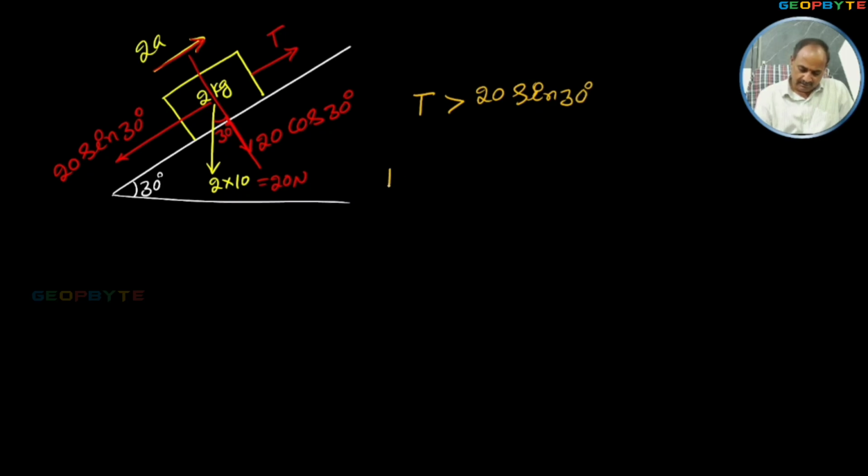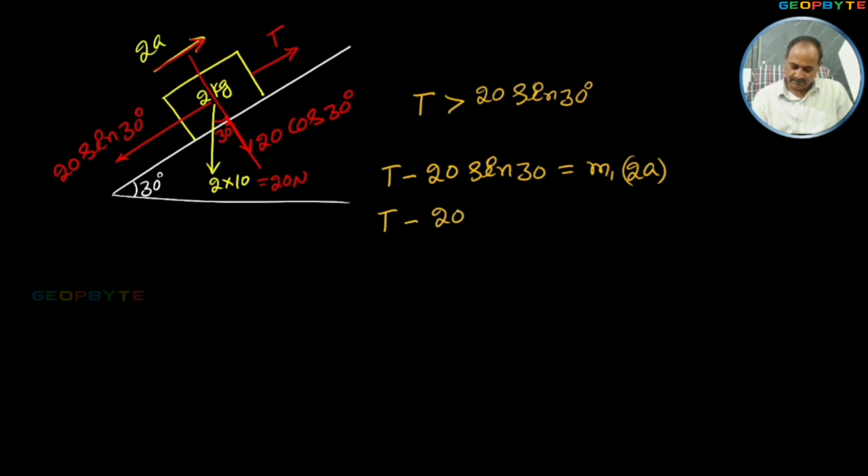Then I can write that T minus 20 sin 30 is equal to mass m1 times the acceleration 2a. So T minus 20 sin 30, which is 1 by 2, is equal to 2 times 2a.